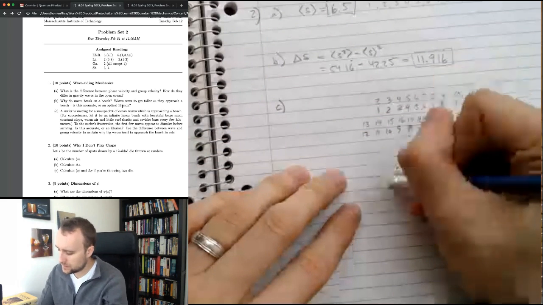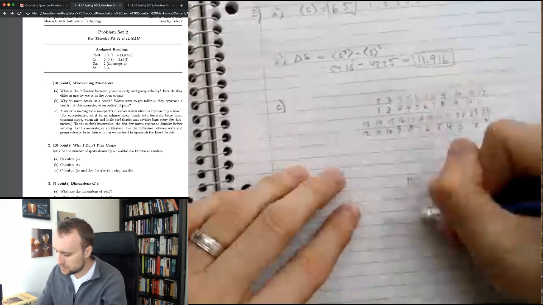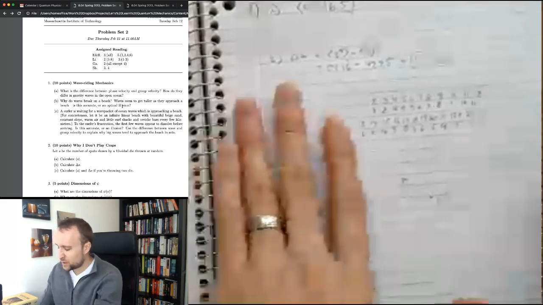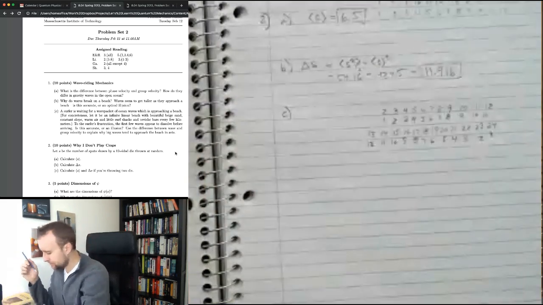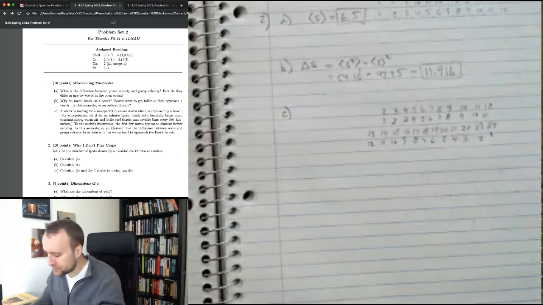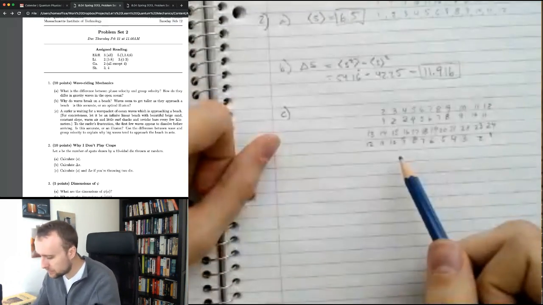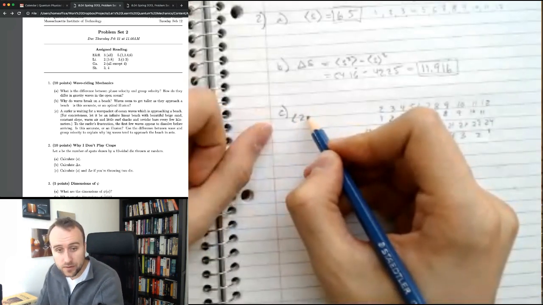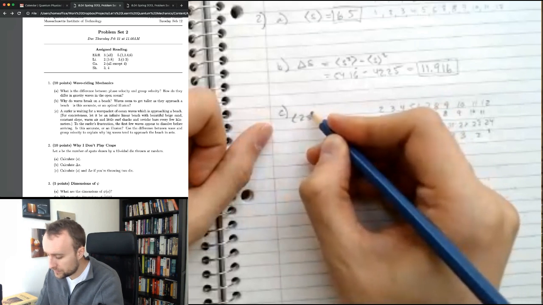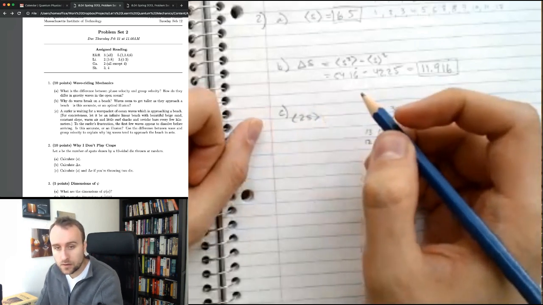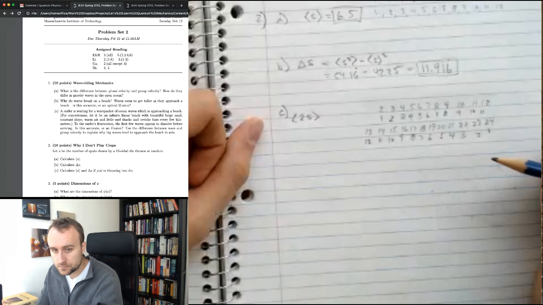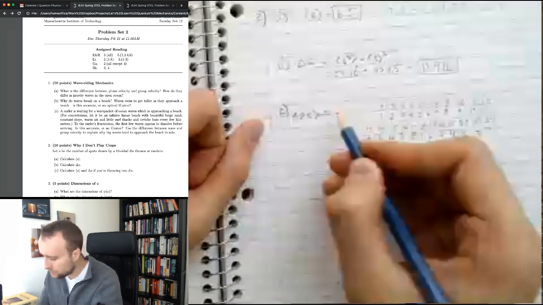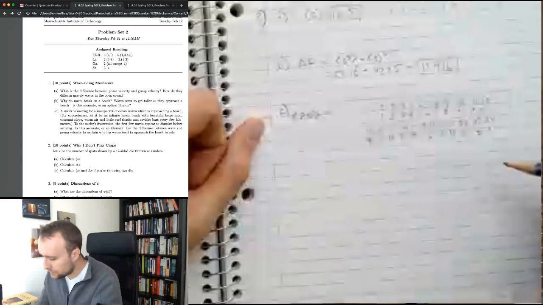All right, so these are our outcomes. And then to get the average, we just have to get the expected value of, I'm just going to call this 2s. It is going to be equal to, we have to multiply all of these out.